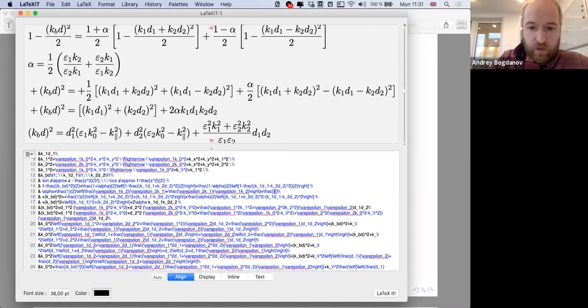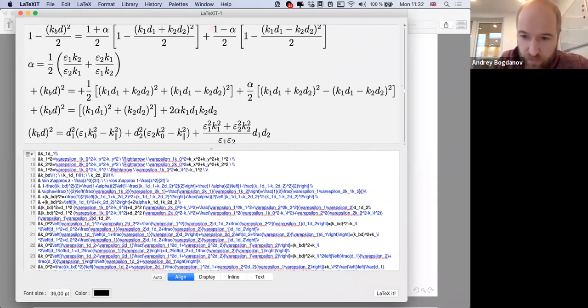Epsilon 1 over 2, and here was a fraction. The same denominator, yeah. Epsilon 1, epsilon 2, k1, k2.